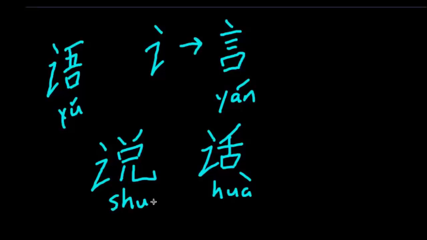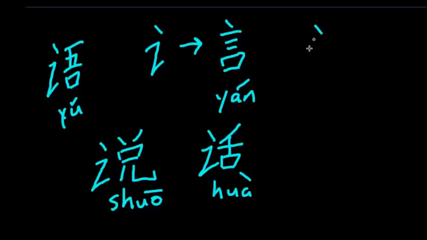So you can put these two together and say 说话. That basically just means speak. 说, you can see they both have the language radical. Why? Well, because you're speaking. 话 is a combination of the language radical, and this right here, this character means tongue. So 说话, speak words or just speak.